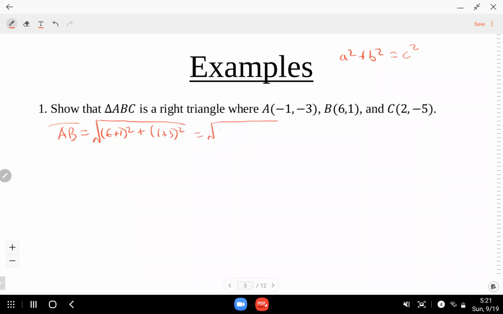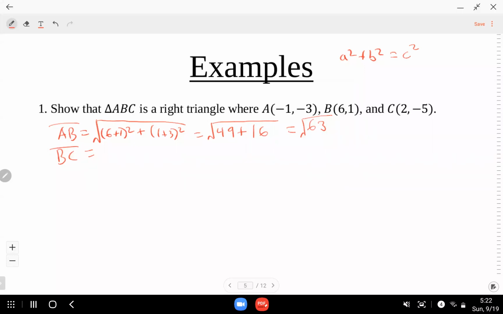That equals 49 plus 16, which equals 65.